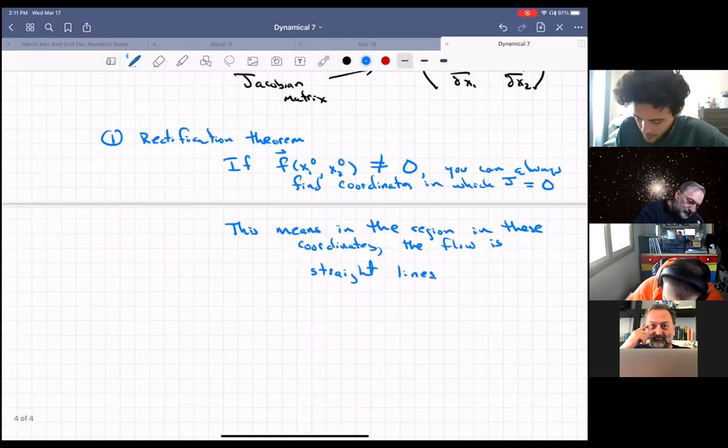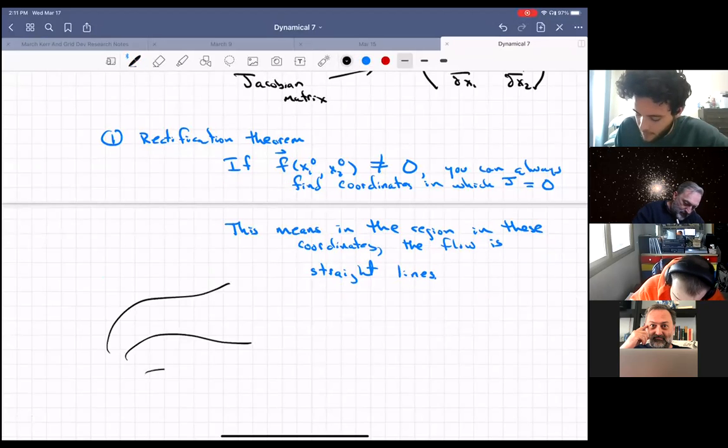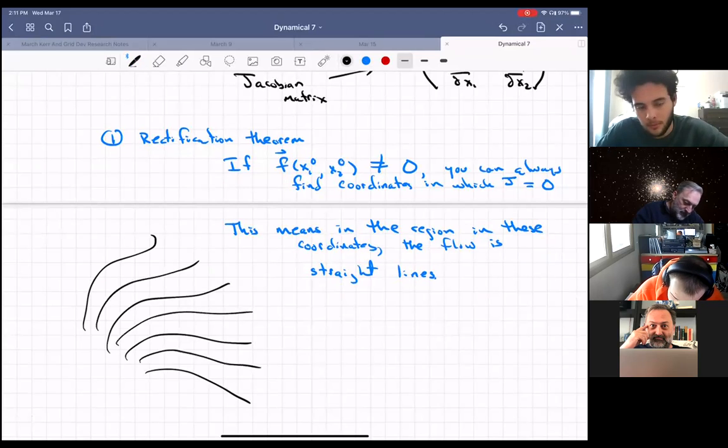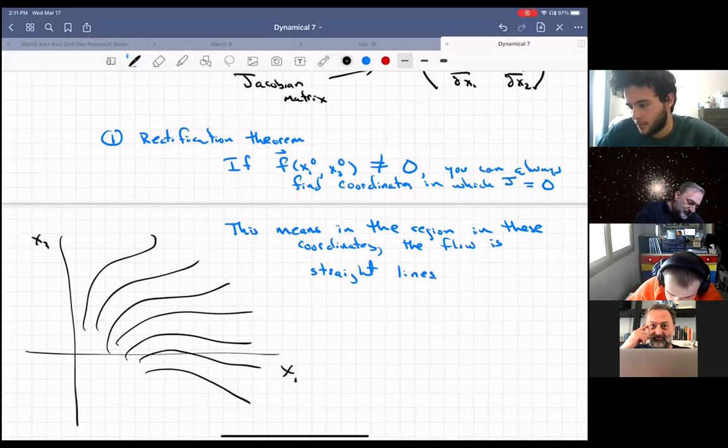So, you got some flow. So this is my x1, x2 coordinate system.